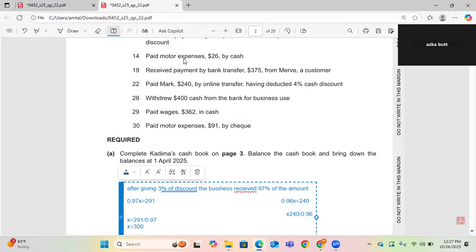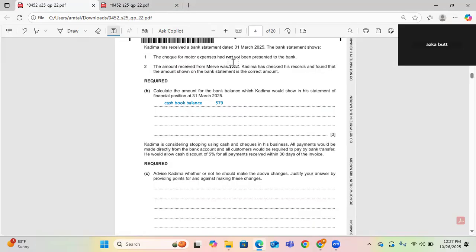Students, basically these motor expenses, which is $26, we have paid by cash, it is not relevant to the bank because this is what we have paid by cash. We already deducted this from the cash book. That's why we will not be deducting it again to find out the balance which we have to show in the statement of financial position. This amount which we got, 579, is the amount after deducting this motor expense. That's why we will not do anything here.